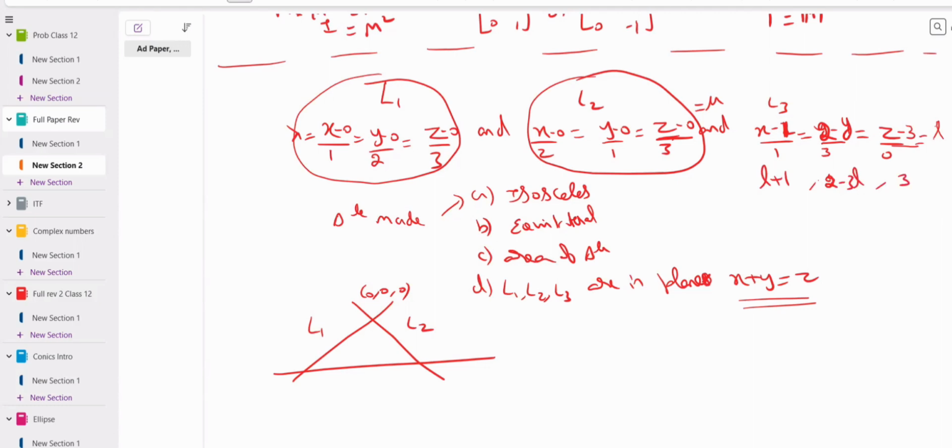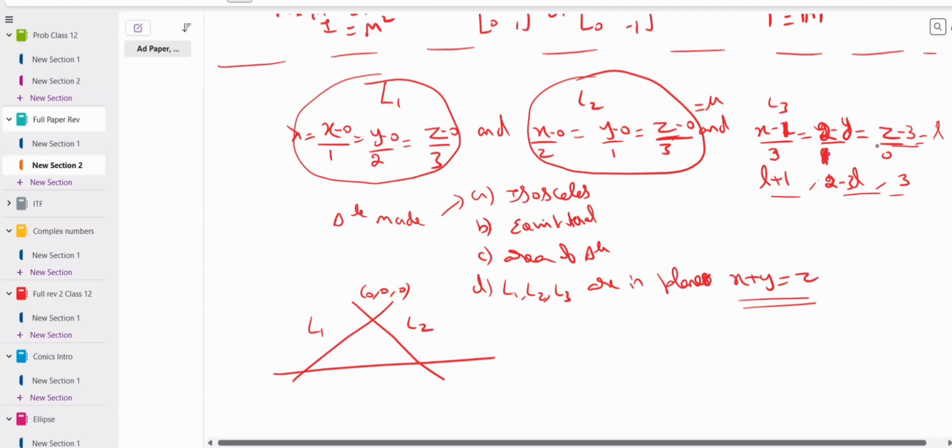Z comes out to be 3 always. So doesn't this satisfy x plus y equal to 3 as well? It should. Maybe I made a mistake. Put the 3 here and put 1 here. We'll have 3L plus 1. Okay, some mistake I'm making, but generally they'll give it that way. I'm just cooking up this question. Generally it is given that way so that these two get cancelled off.